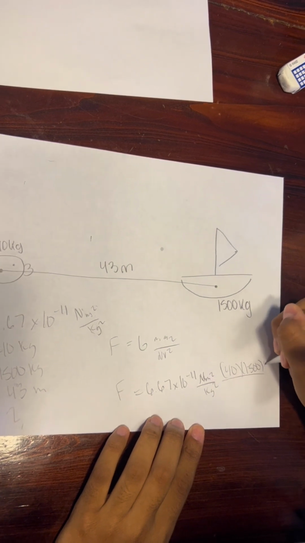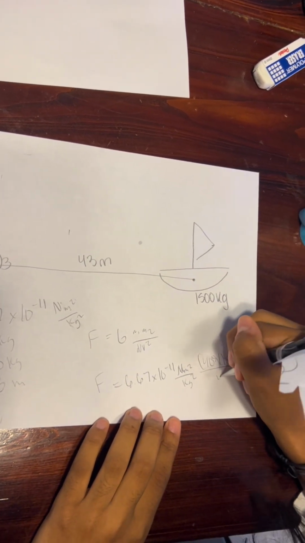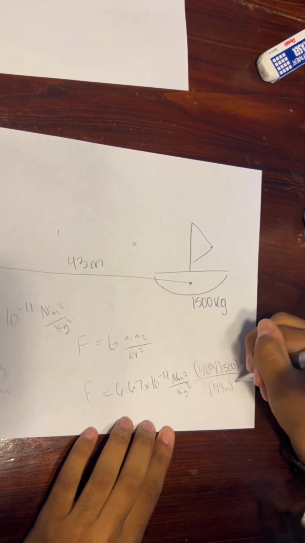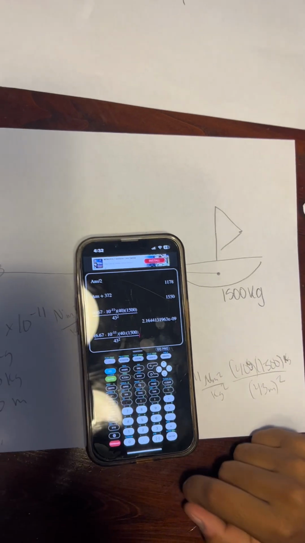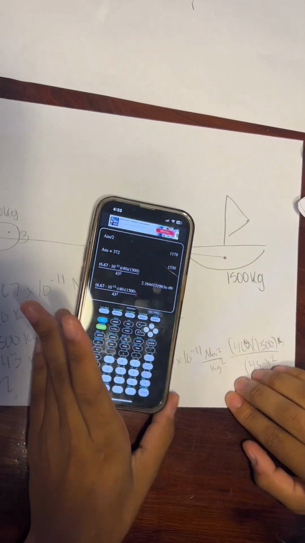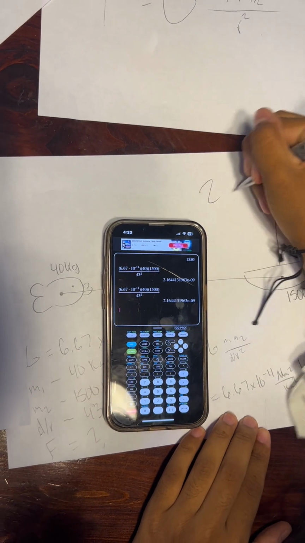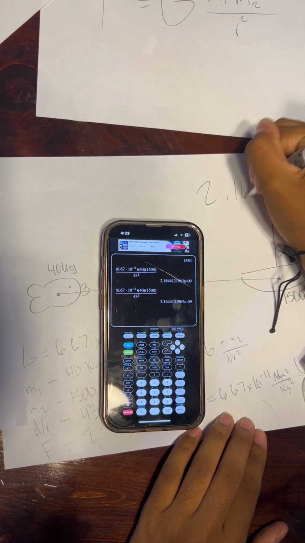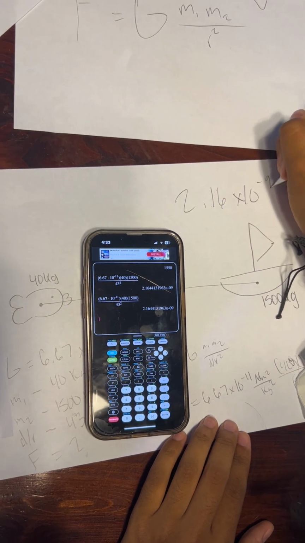And both of these are kilograms, over 43 meters squared. Okay, now if I pull out my trusty TI-84 and enter all these numbers in exactly like so, and then press enter, we get our answer. 2.16, that's it, times 10 to the negative 9th.